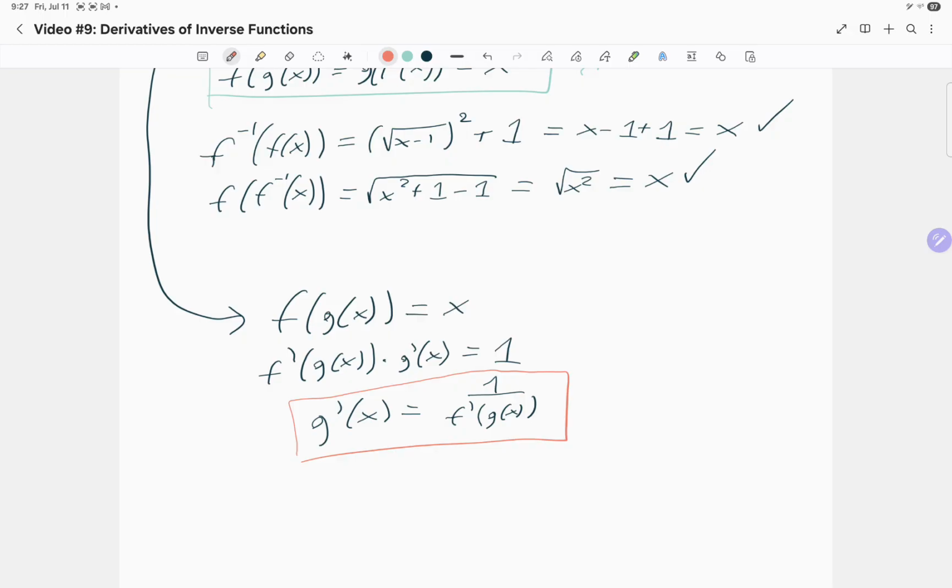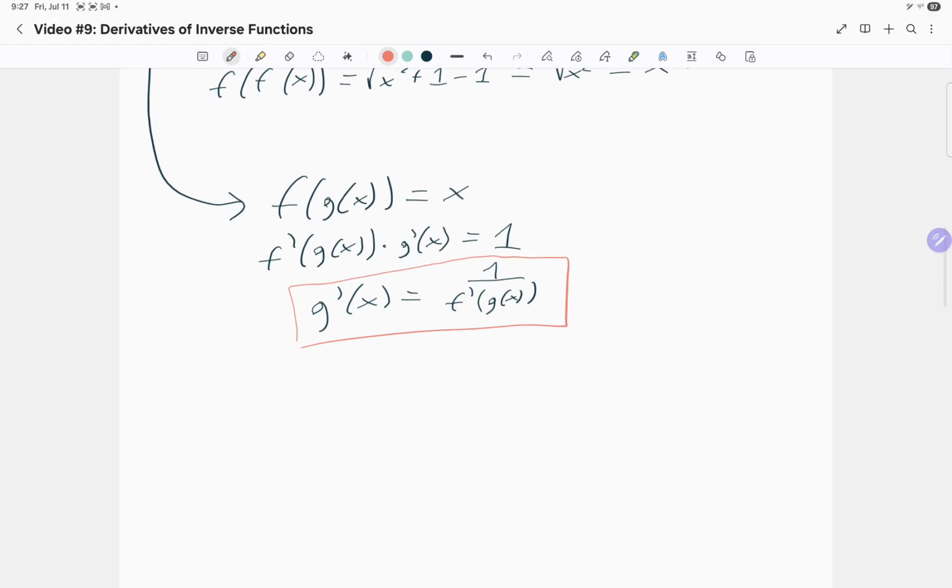Usually questions like this will give you a table of values, so you'll have to solve it using the tabular method, so to speak, which is a common question type on many calculus exams, including the AP Calculus AB exam. So that is pretty cool.